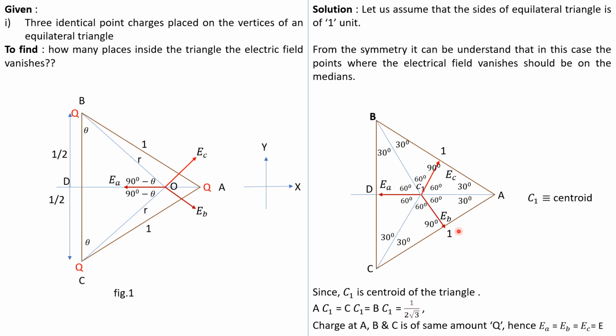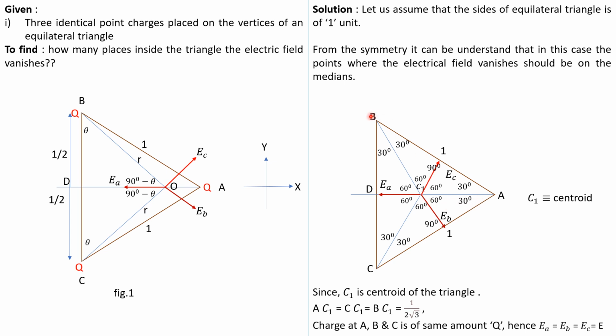So you can see in this triangle that at the centroid, three electric field intensities will be present, one due to A, one due to C, one due to B. So EA, EB and EC.